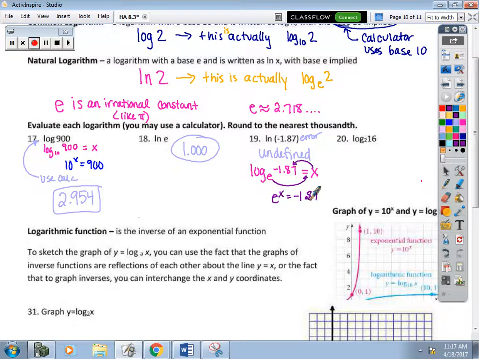Now the reason that this is undefined is that no matter what number I were to plug in for x, let's say e to the negative 2, I would end up with 1 over e to the positive 2. And e, as we found, is this number, 2.71 and so on. If you square that, 1 over that number is still positive. It's a small fraction, but it's still positive. So no matter what number you plug in, you're never going to get it equal to a negative number. It's going to get very small, but never negative.